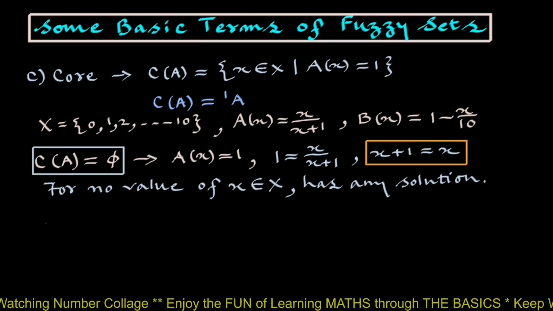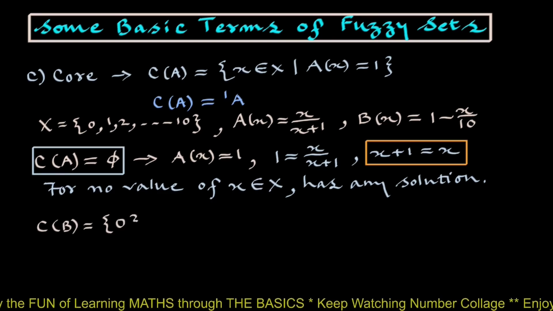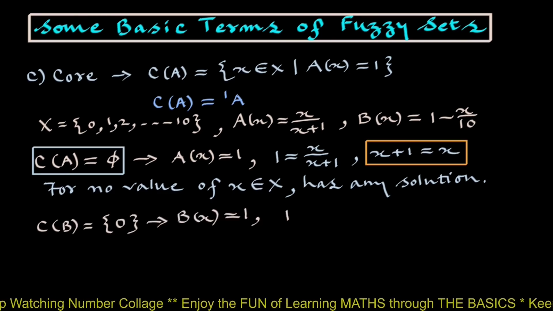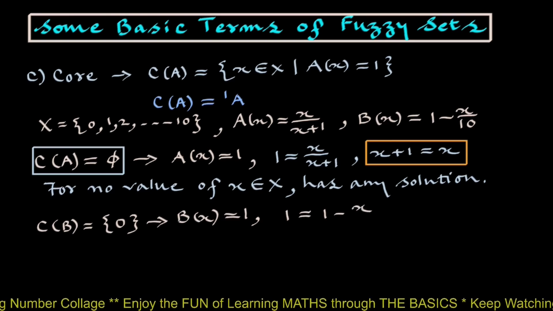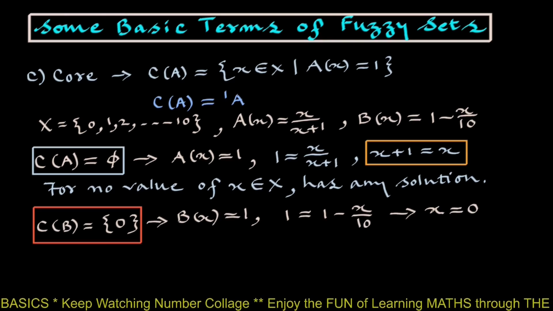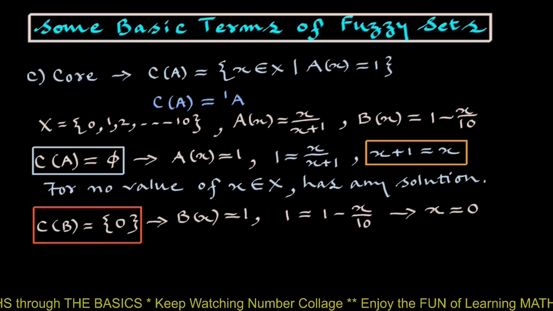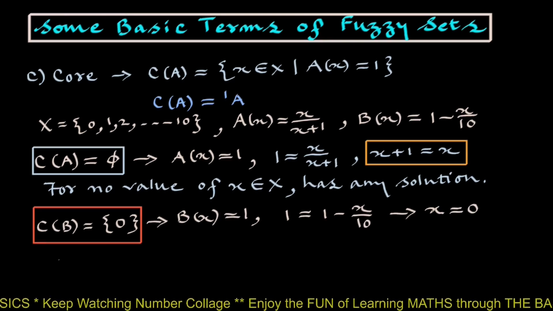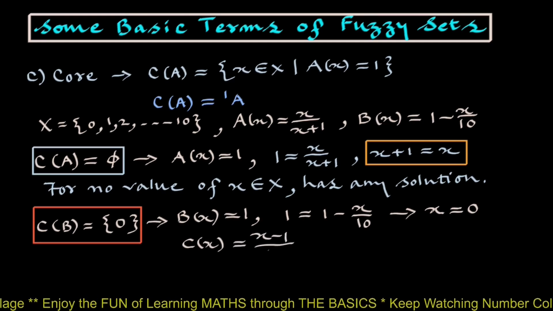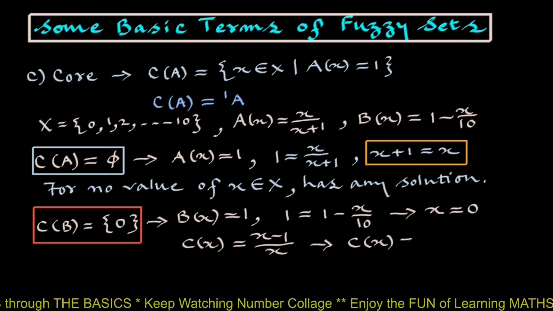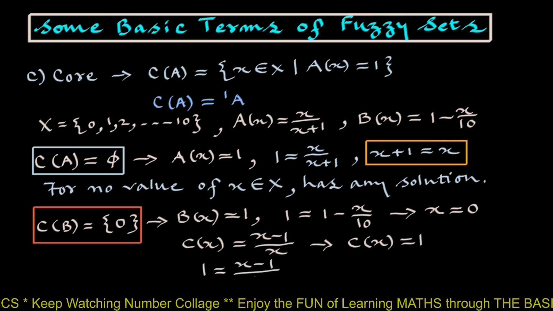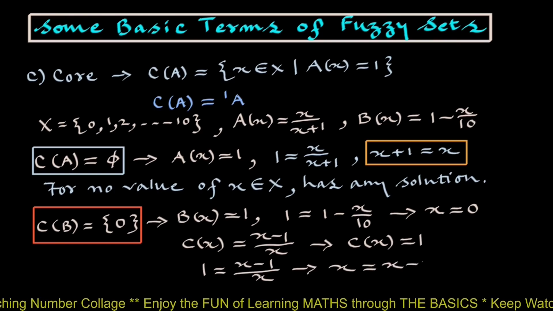Core of B, C of B is 0 because if B of x is 1, 1 will be 1 minus x upon 10, x will be 0. Hence core of set B is 0. If we have fuzzy set C such that C of x is defined as x minus 1 upon x, and for C of x equals 1, 1 will be x minus 1 upon x, x will be x minus 1.